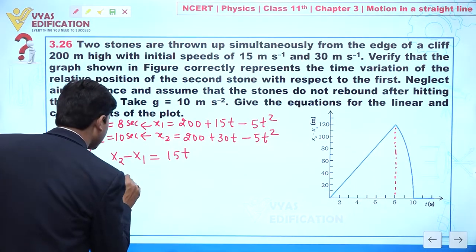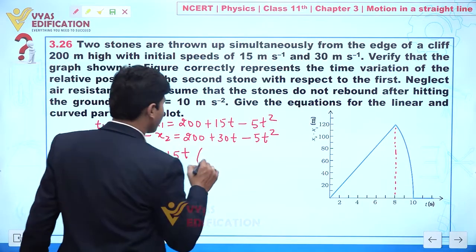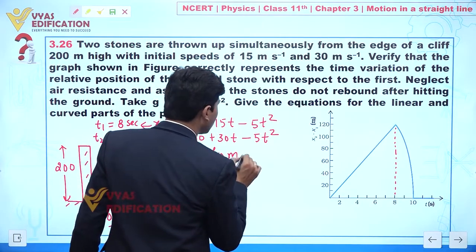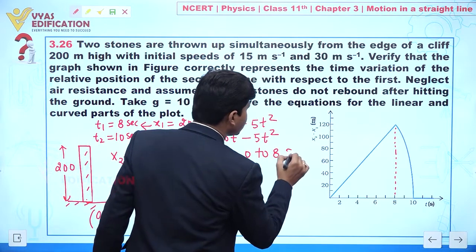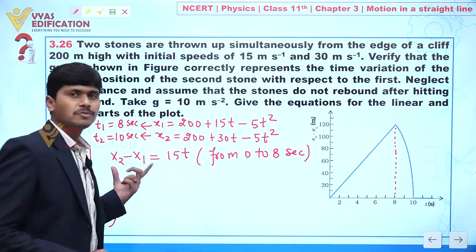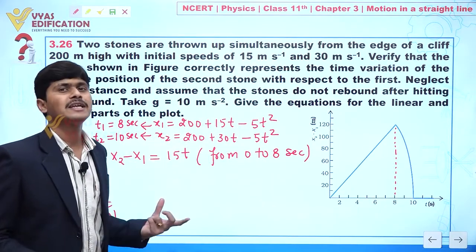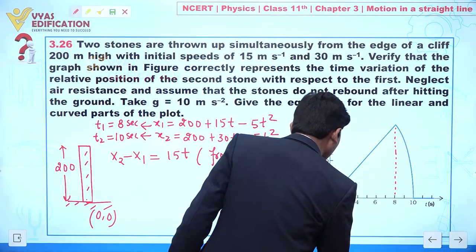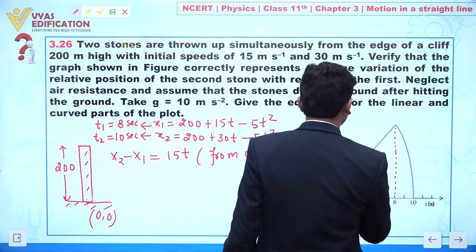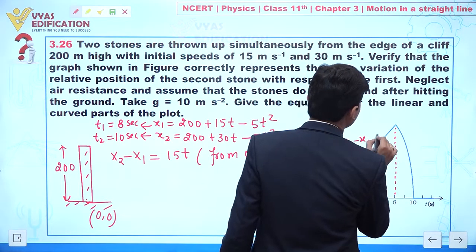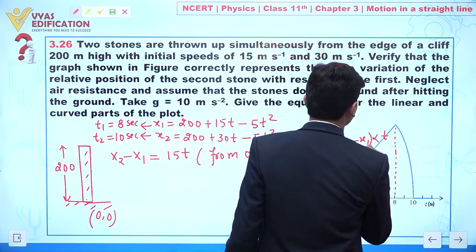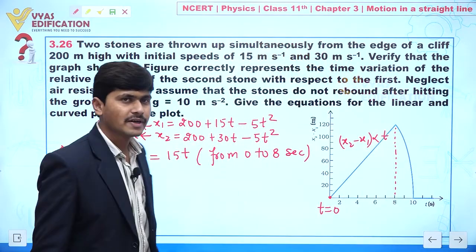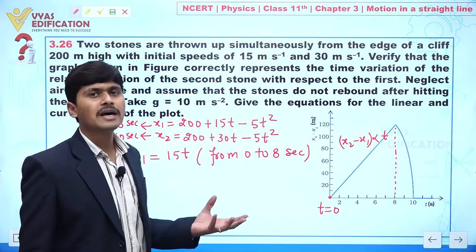So from here you can say from 0 to 8 seconds, x2 minus x1 is equal to 15t. Yes or no? So we can say from t equal to 0 to t equal to 8 seconds, x2 minus x1 is directly proportional to t. Clear to everyone? Yes.